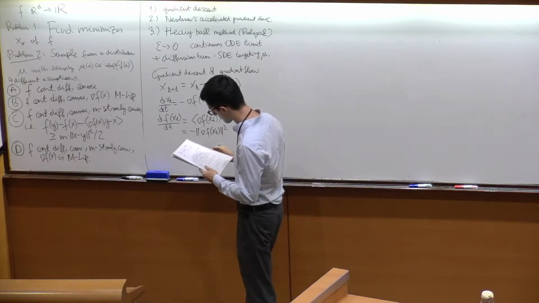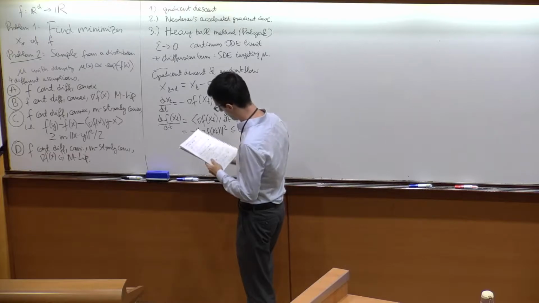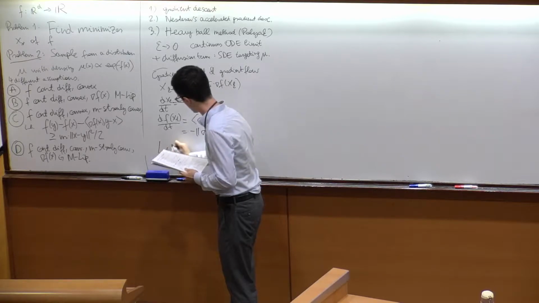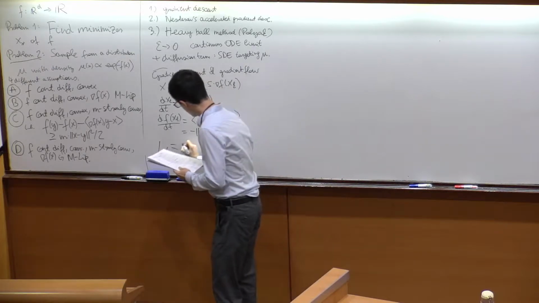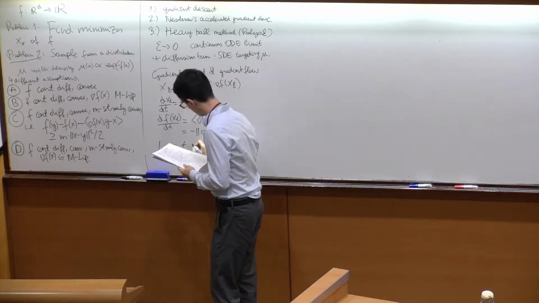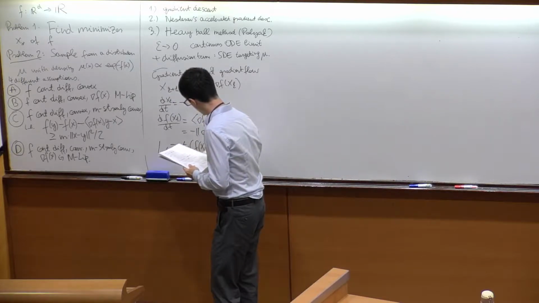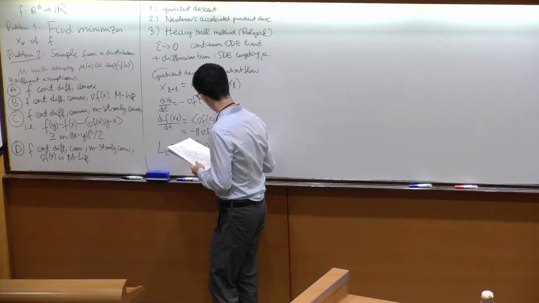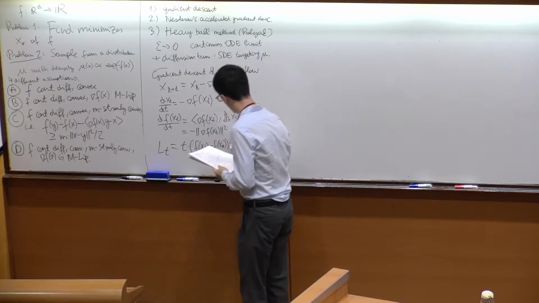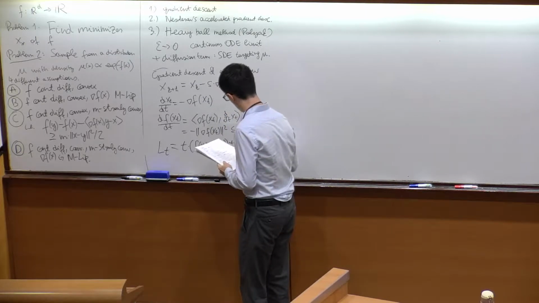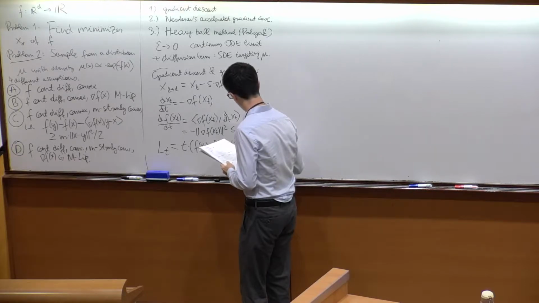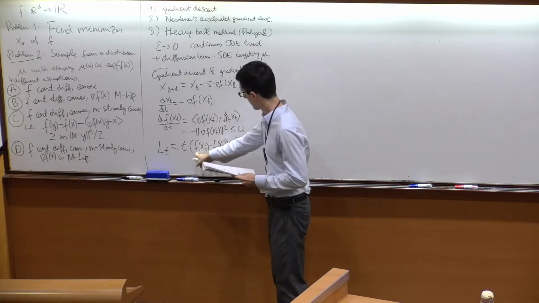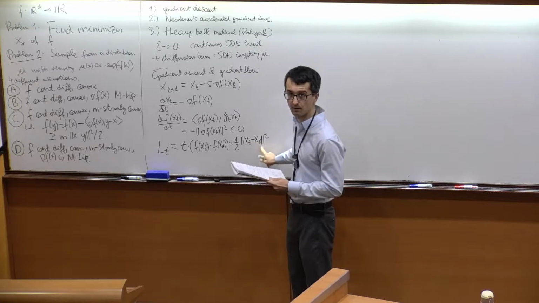Now, if you define the Lyapunov function L_t as t times (f(x_t) minus f(x star)) plus 1/2 times the squared norm of x_t minus x star, you have a term from f and a term from the distance to the minimizer.